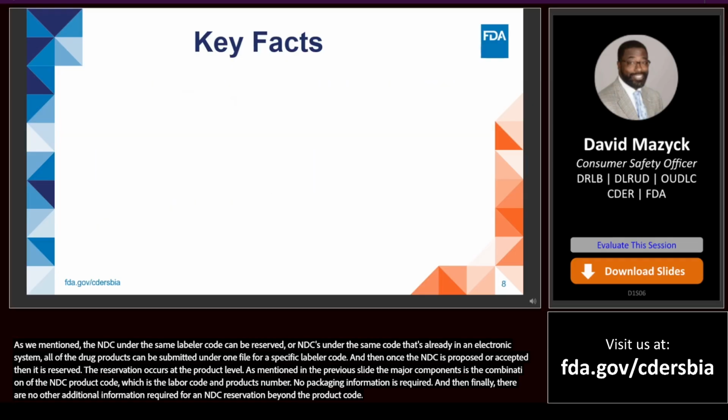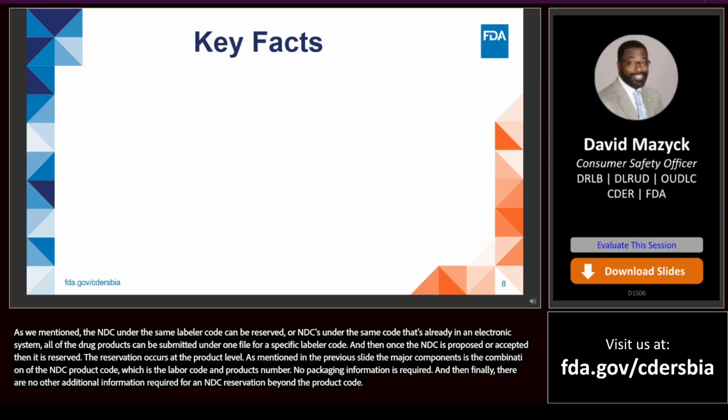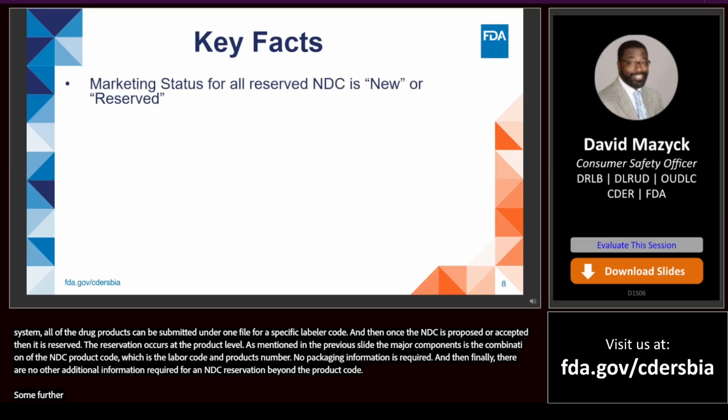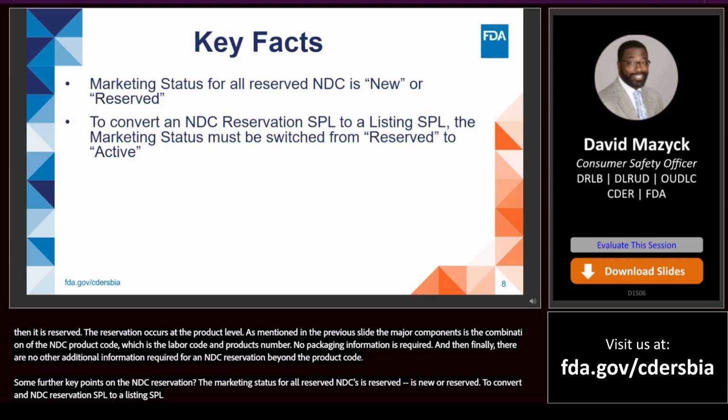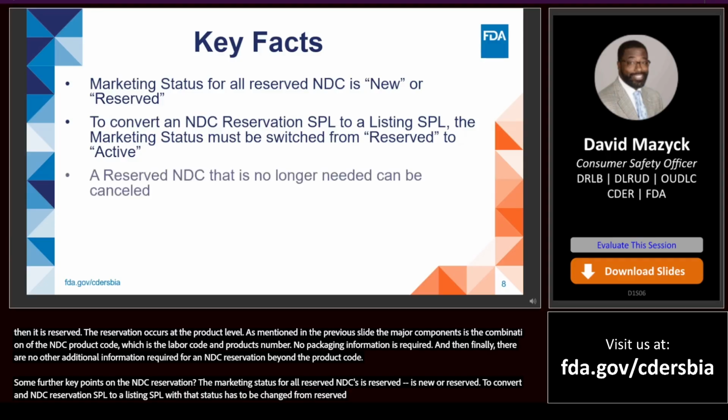Here are some further key points on the NDC reservation. The marketing status for all reserved NDCs is deemed new or reserved. To convert an NDC reservation SPL to a listing SPL, that status has to be changed from reserved and/or new to active.